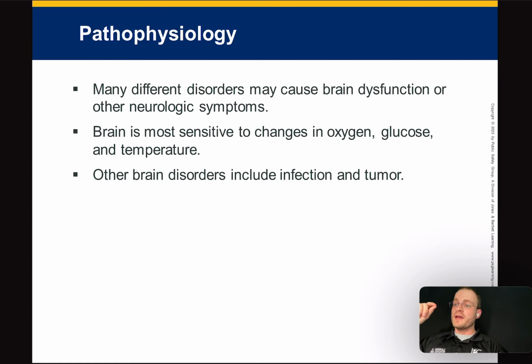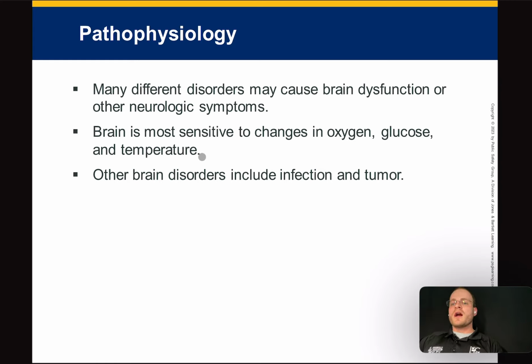If you don't get blood delivering oxygen, glucose, and warm blood to the brain, it's going to be one of the first to say, yo, buddy, I'm not going to work, because it's so dependent on glucose and oxygen carried in the blood. That's why we see a lot of pathology related to the brain. Again, a skin infection can end up throwing someone into shock or causing neurological dysfunction, and that actually happens a lot.